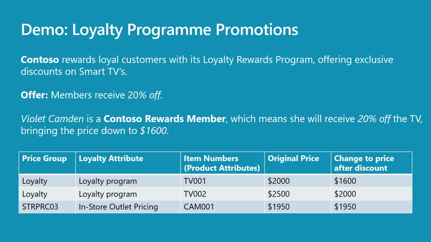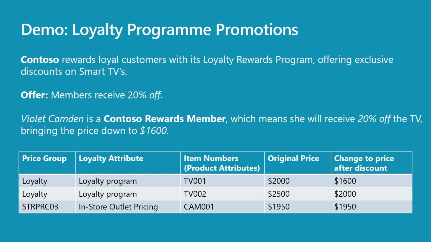For the next demo, let's see how we can reward loyal customers through the loyalty rewards program by offering exclusive discounts on smart TVs. The offer is relatively simple: all members receive 20% off. For instance, Violet Camden, a Contoso Rewards member, is eligible for 20% off on smart TVs.